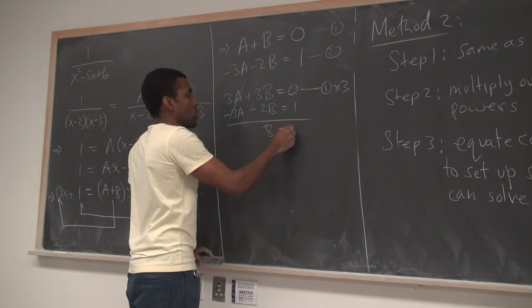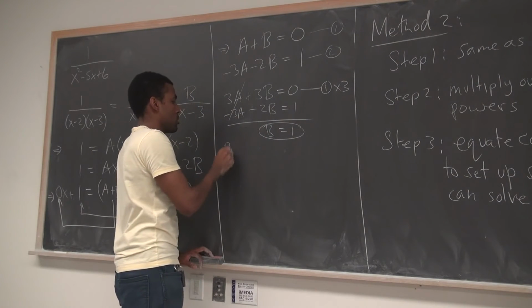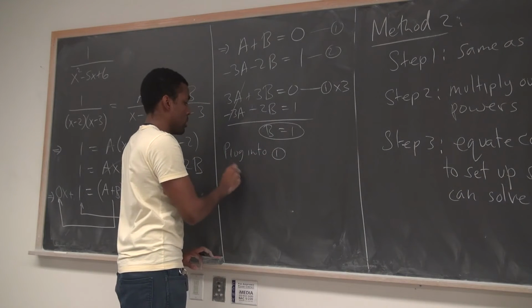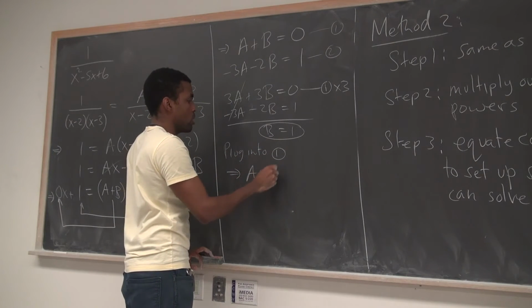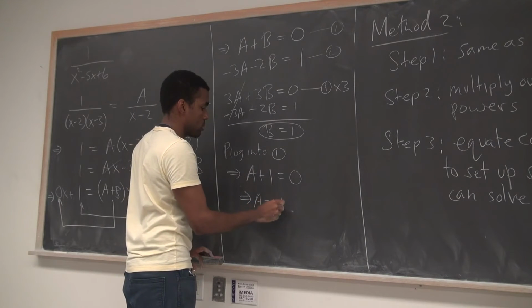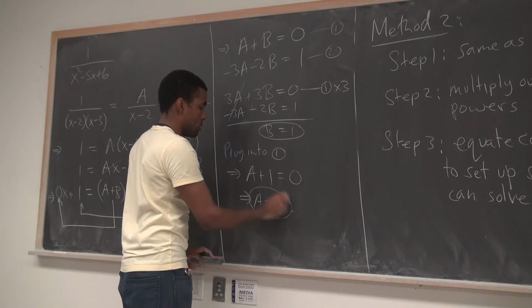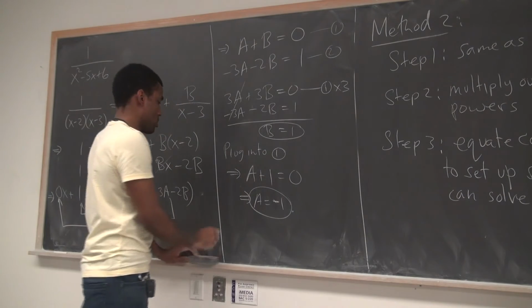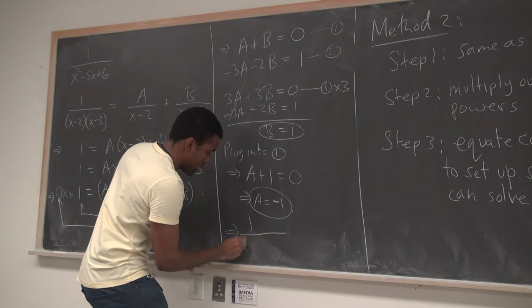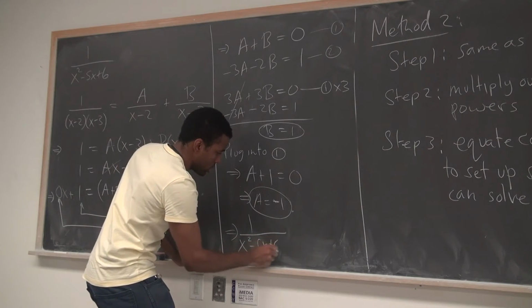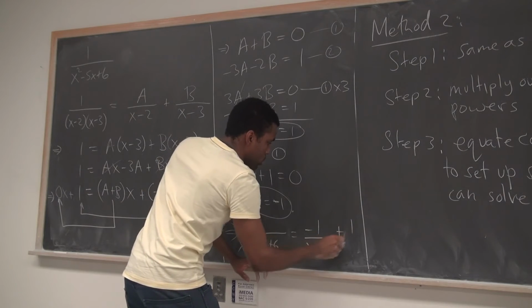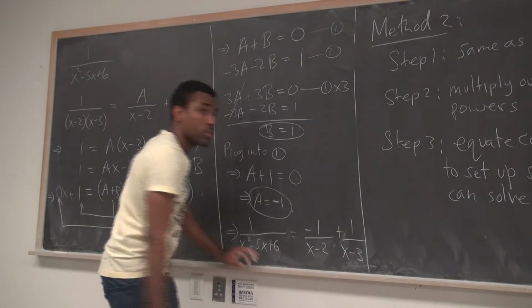Here I have B equals 1. Plug into 1. I would get A plus 1 equals 0, which means A equals minus 1. Which means ultimately that 1 over x squared minus 5x plus 6 is minus 1 over x minus 2 plus 1 over x minus 3.